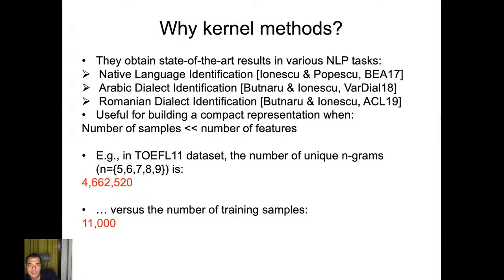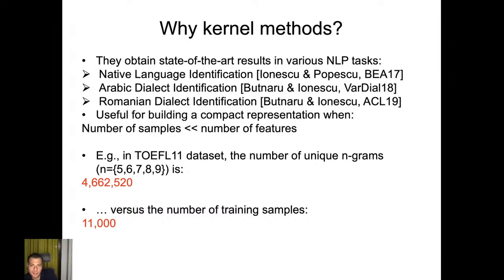But if we use the dual notation, it means that we have to compute a kernel matrix for the training data that has 11,000 by 11,000 components.